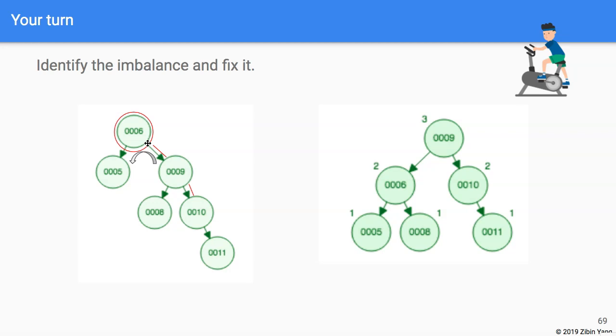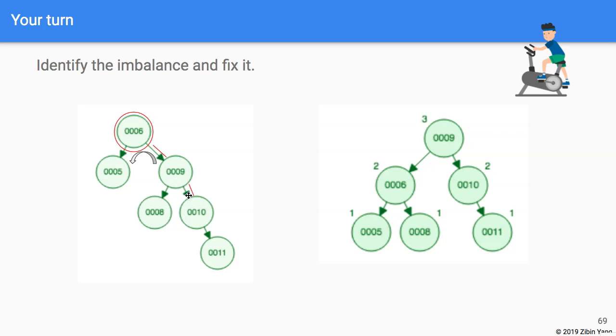To identify the type of imbalance, starting from the root node, we look at it: the right subtree is higher, so we go down one level on the right subtree, and again, the right subtree of 9 is higher. So this is the right-right situation, and we're doing a single left rotation.